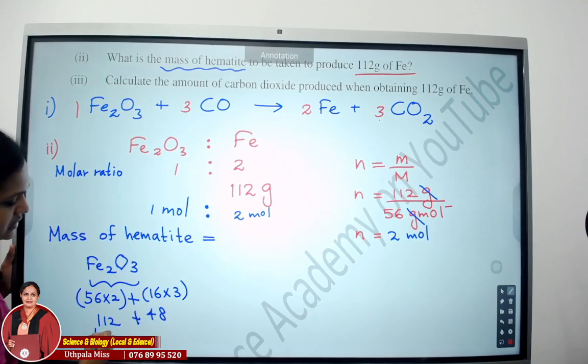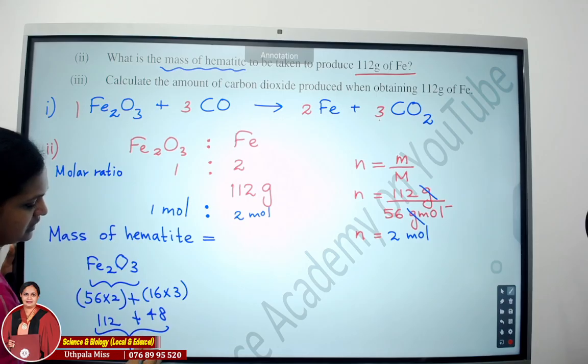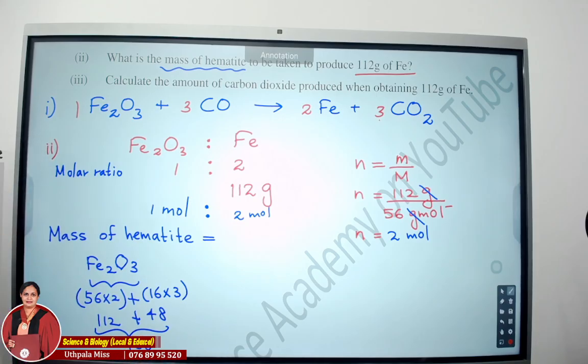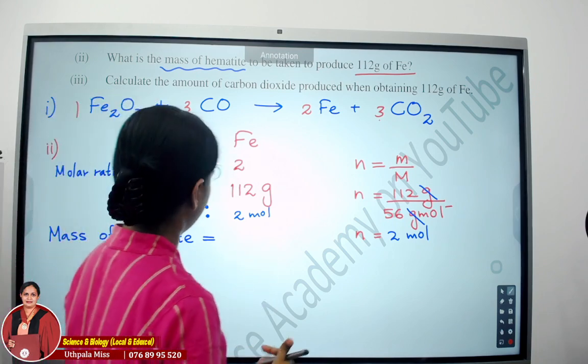Altogether this is 160. So the relative molecular mass of hematite is 160.